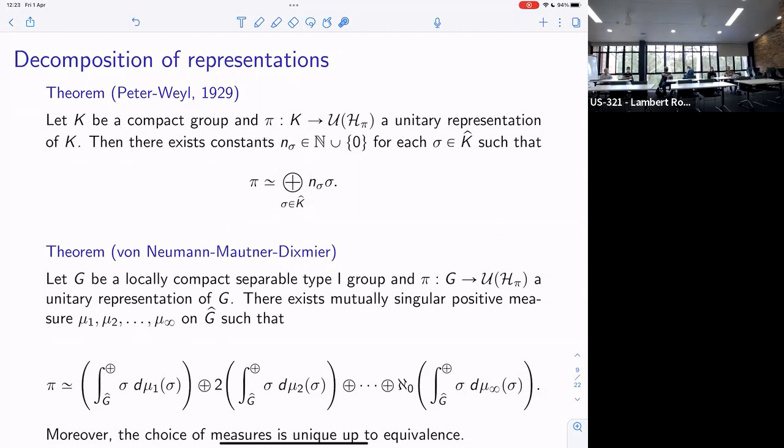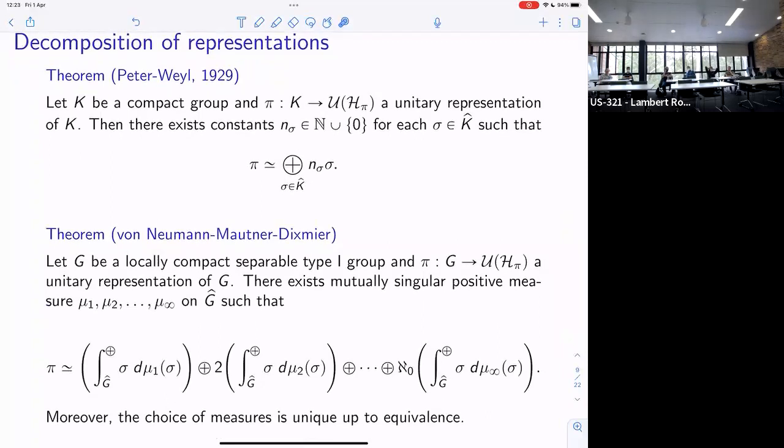But in the case of non-compact groups, we cannot always just consider decompositions of unitary representations into direct sums of irreducibles. We have to consider, for groups that are locally compact, separable and satisfy a property called the type 1 property, that every unitary representation decomposes into what we call a direct integral of irreducible unitary representations, and it's unique up to unitary equivalence.